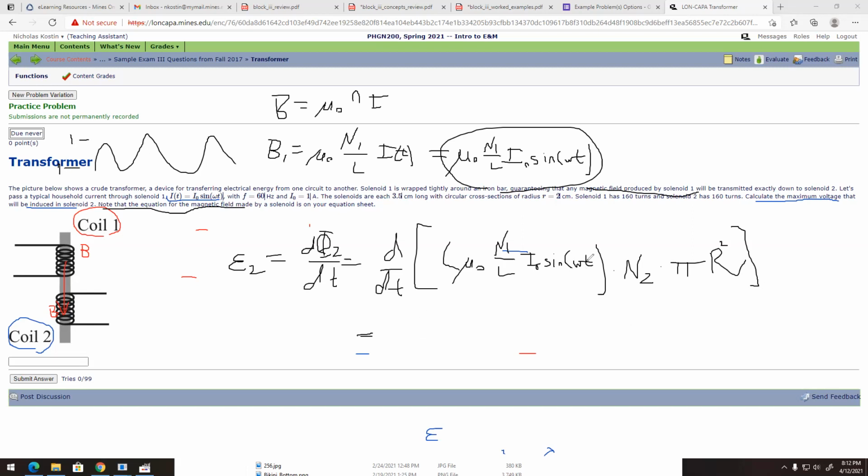Even though I am taking the derivative of this sine and it becomes a cosine, I don't have to worry about that cosine. I do have to worry about the omega that comes out. So we have mu naught n1 over L I naught omega times n2 pi r squared.